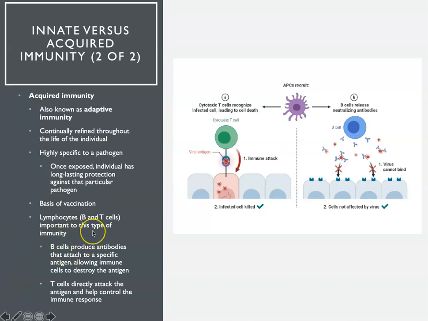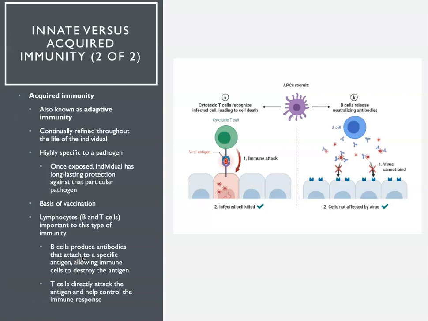Key cells that are involved in adaptive or acquired immunity are lymphocytes, right? So B and T cells, we've probably heard of those before. B cells are the cells that actually produce antibodies that are released, okay? And again, those will recognize that pathogen.